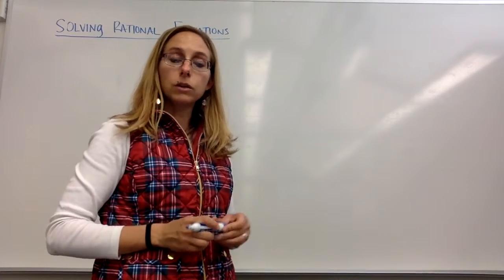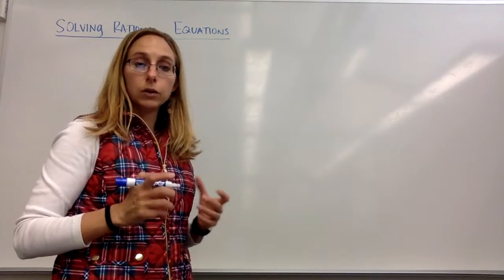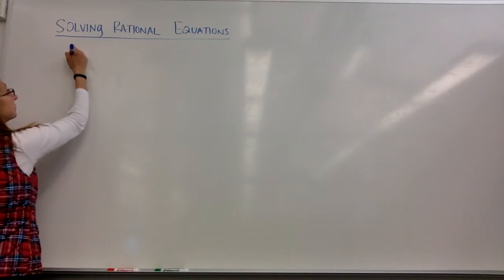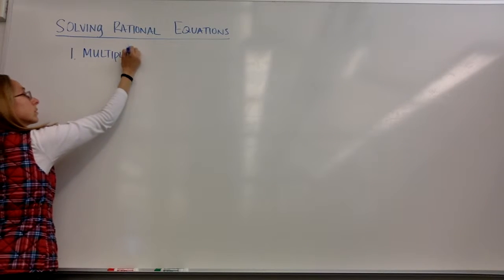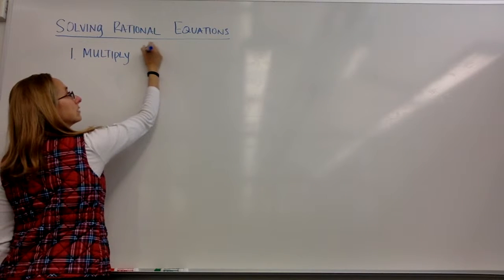There are 3 steps when you want to solve a rational equation. The first step is to multiply the entire equation by the least common denominator.